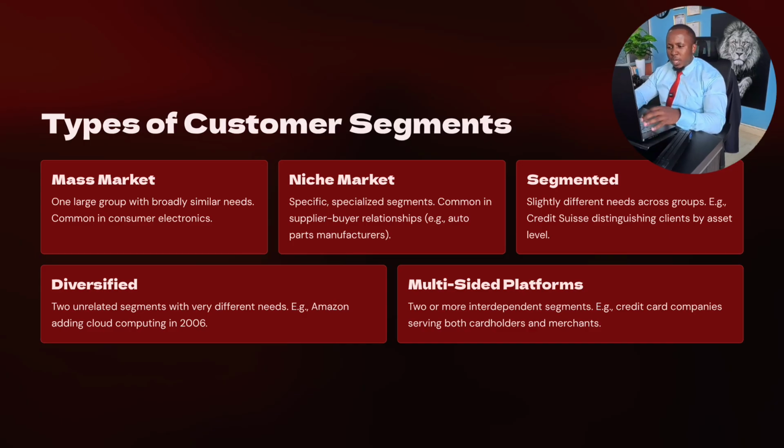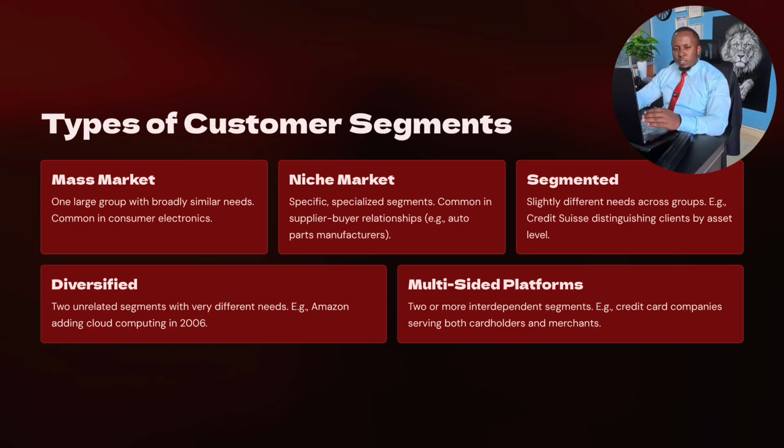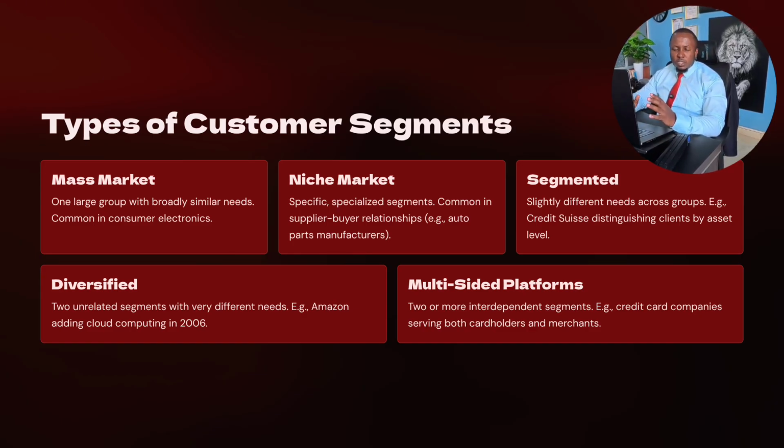That's generally a mass market. Next, we have a niche market. This is a specific specialized segment common in supplier to buyer relationships. For example, in car auto parts, we find a niche segment where, if it's a specific engine, you have the manufacturer being a different supplier providing for a specific brand.